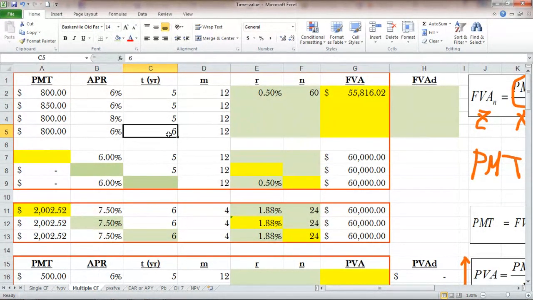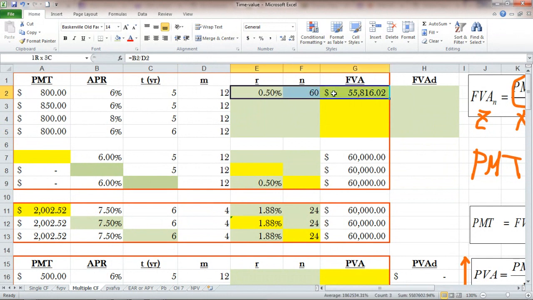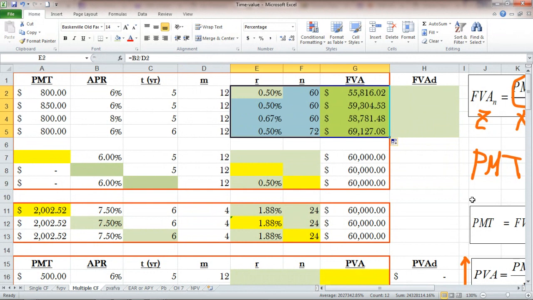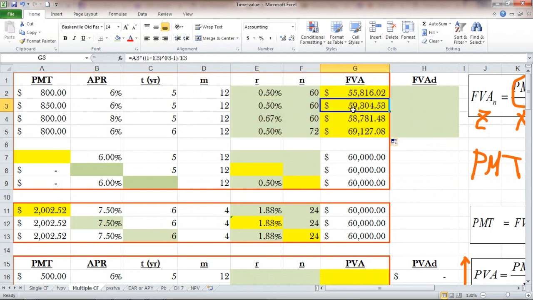Too bad, but if you can wait another year, then we might have accumulated more money. And once you have done this, you don't need to solve the other scenarios one by one. We can just copy this and drag it down, and it's going to take care of everything automatically. That's the beauty of Excel.